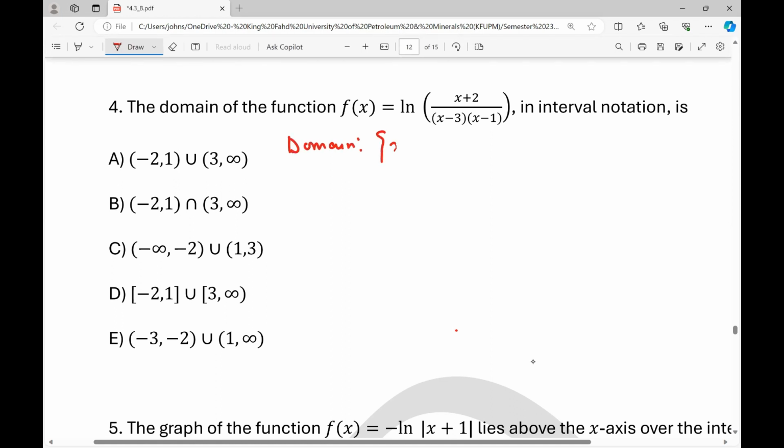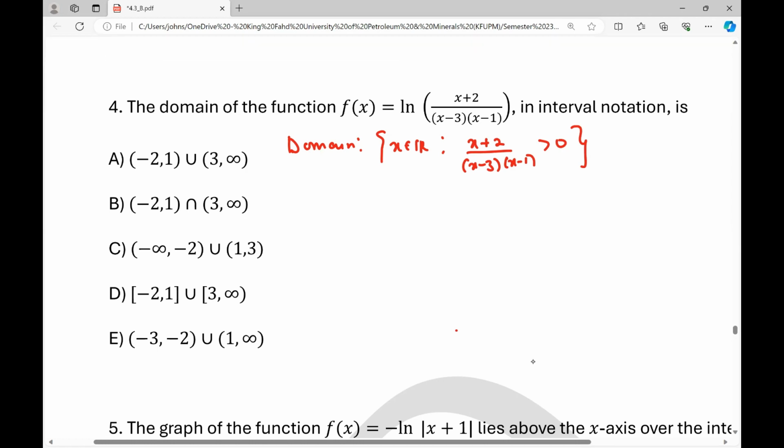We can say all x in R such that (x + 2)/((x − 3)(x − 1)) is greater than 0, right? So here we can just go straight and use our table.